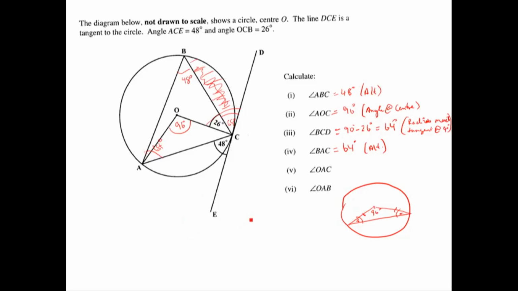So let's write that out. We have 180 degrees, and we subtract 96 degrees. This 96 degrees is not the base angle. It's just the other angle, the bigger angle. We take it away from that, and that will leave us with 174 degrees.